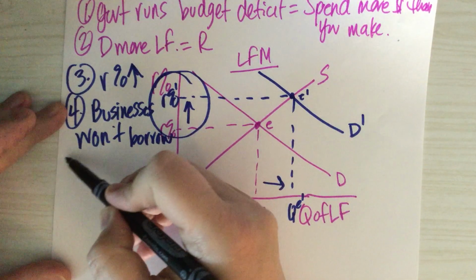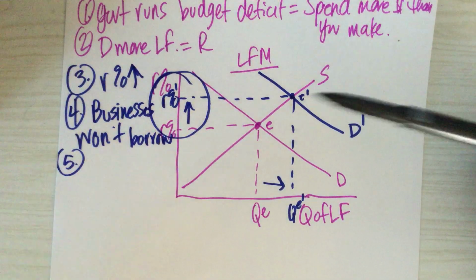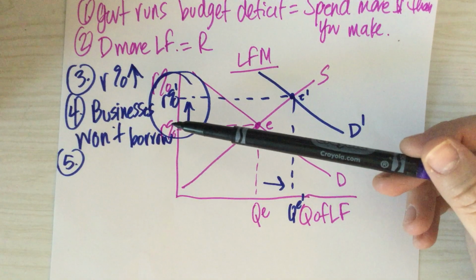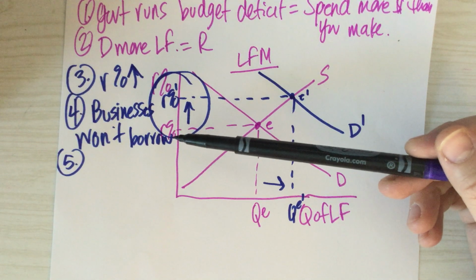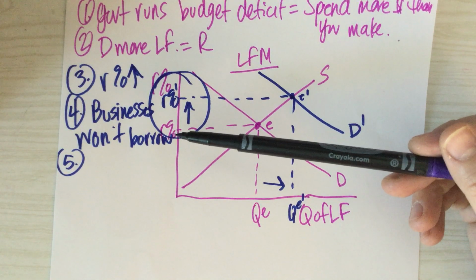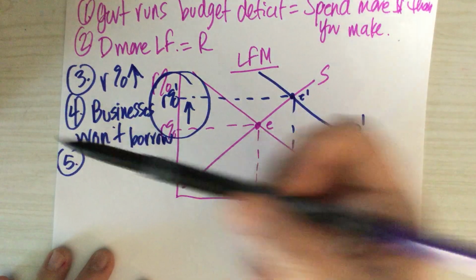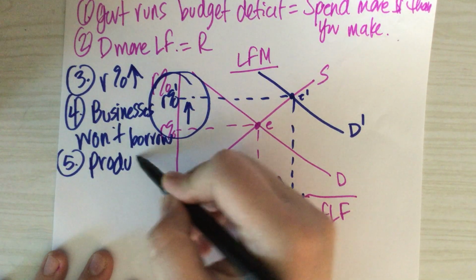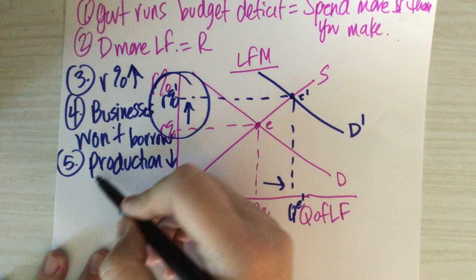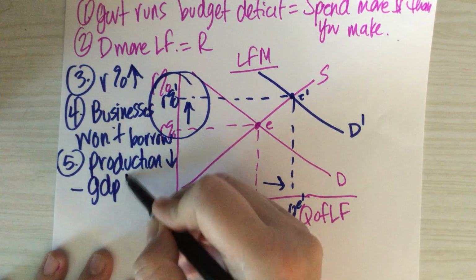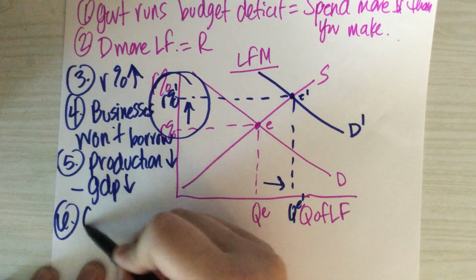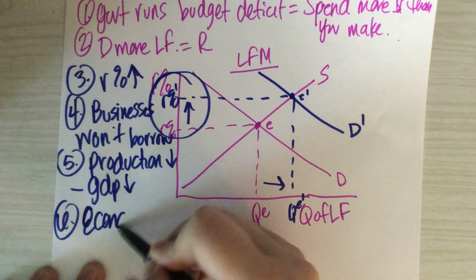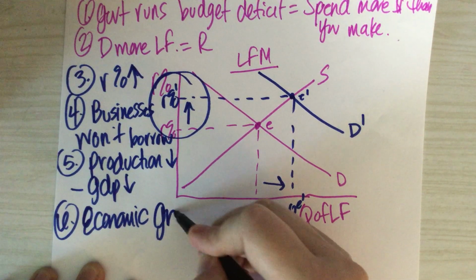When they don't borrow money, they don't buy more capital, they don't replace broken down tools, machinery, equipment. Then what happens? If they don't borrow, production starts going down. Our GDP goes down. And finally, our economic growth starts to decline.